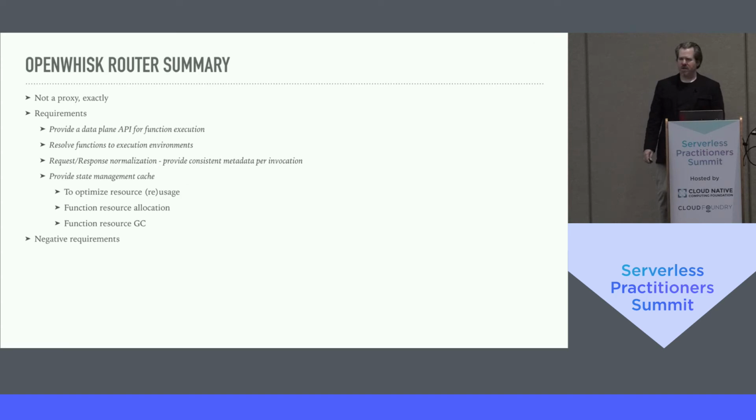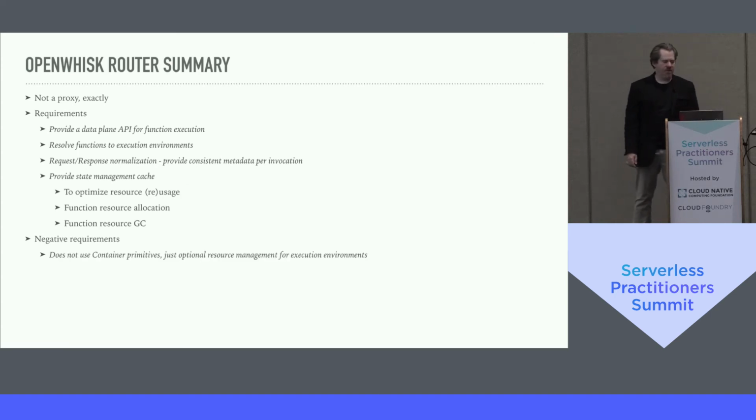So just to call out some negative requirements, things that we are not wanting to do. We're not using container primitives in this particular component. This is just for managing resources and delegating execution to the execution providers. And we're not using static routes.